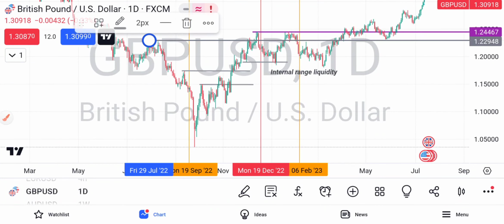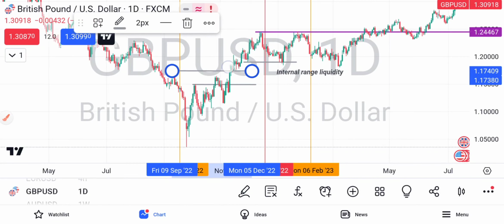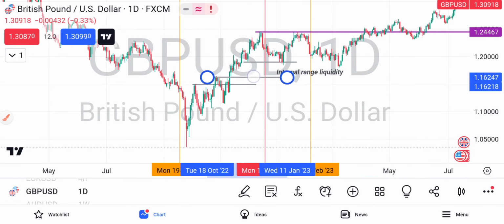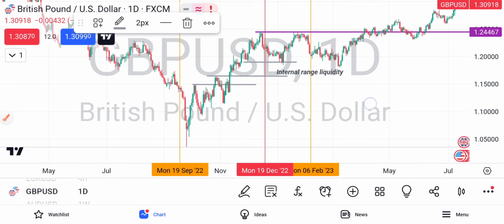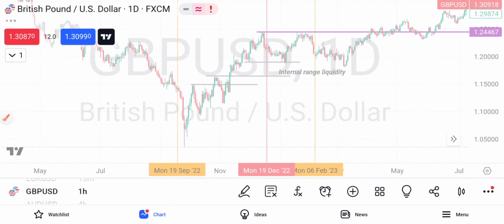Please take note, all these hash lines are where our daily highs are. Let me remove this one and drop it around here. So this is where our daily highs are. Yeah. So let's drop to a 1 hour time frame. That's where the H is.